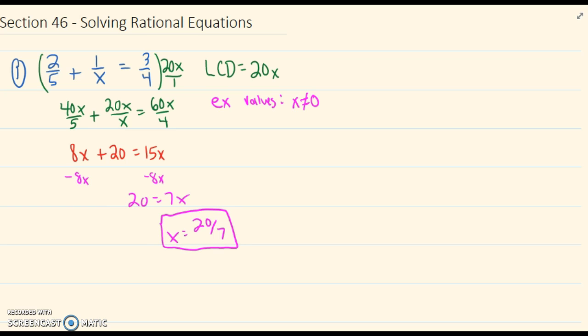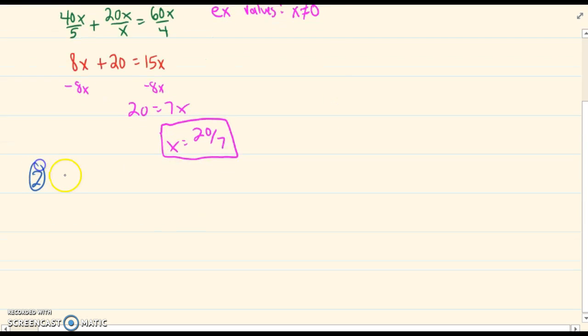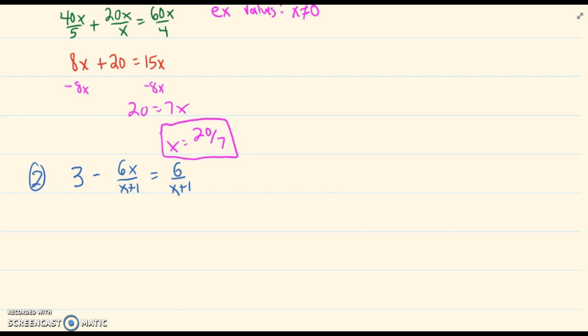In our next one, number 2, we have 3 minus 6x over x plus 1 equals 6 over x plus 1. Again, our LCD is the first thing we're looking for. Before I do that, though, I'm going to turn that 3 into 3 over 1 so I can clearly see that that's a fraction.